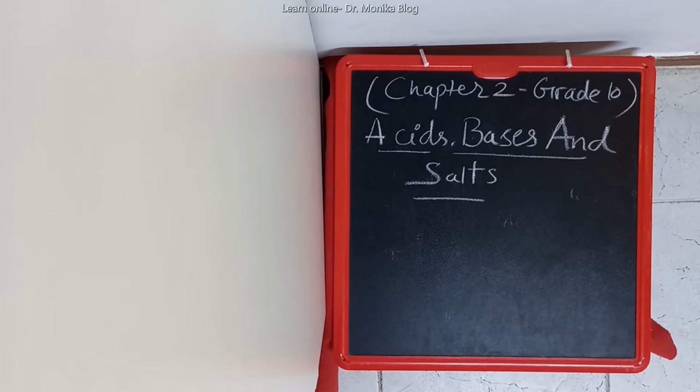Lichen is a plant belonging to the division Thallophyta and is used as an indicator. When the litmus solution is neither acidic nor basic, its color remains purple. So we are going to discuss further.